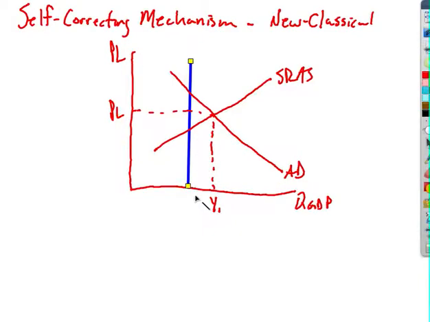Inflation is starting to be a problem, and unemployment in this area would be somewhere around 3%, 2%, because this is 5%, and as you move to the right, unemployment goes down because you're producing more and you need more people to produce. As you move to the left, unemployment goes up because GDP is going down. We don't need as many people to produce. So if I plop this line down here, I'm drawing an inflationary gap.